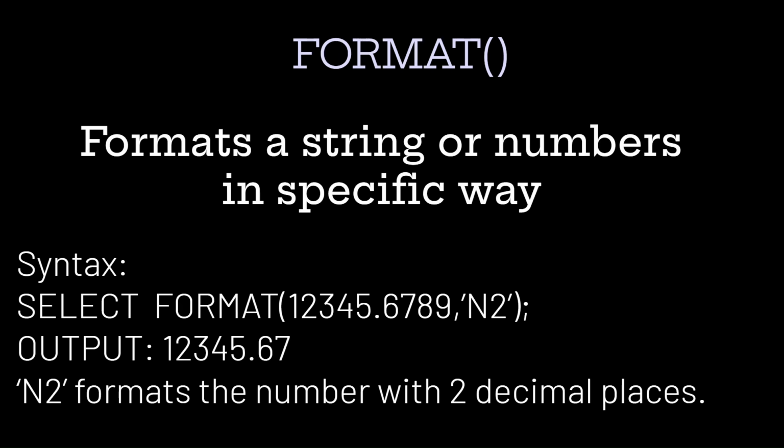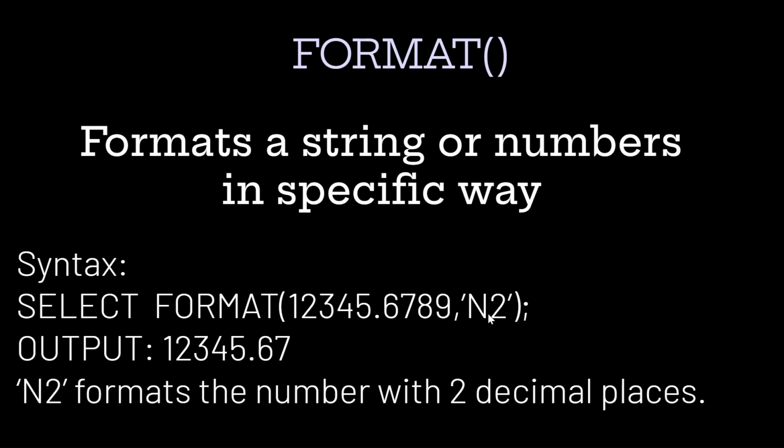Next is the FORMAT function. What does it do? It formats a string or a number in a specific way. If you want two digits after the decimal place, we can use it like this. SELECT FORMAT(12345.6789, 'N2').